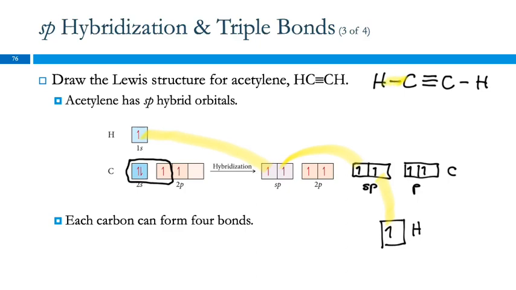So we've got sigma bonds connecting all of those. We have these sp orbitals on the carbon. One overlaps with the hydrogen, one overlaps with the other carbon. On this carbon, one is overlapping with the other carbon and the other one goes to the hydrogen. I'm going to dare to try to draw a picture.